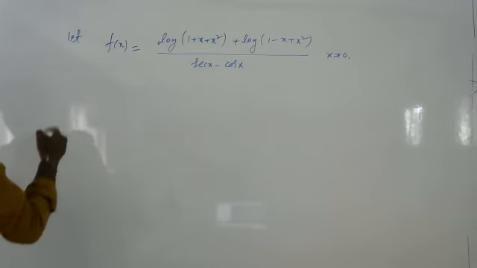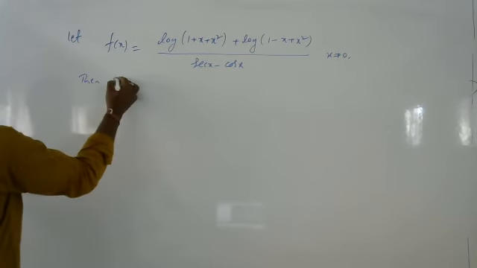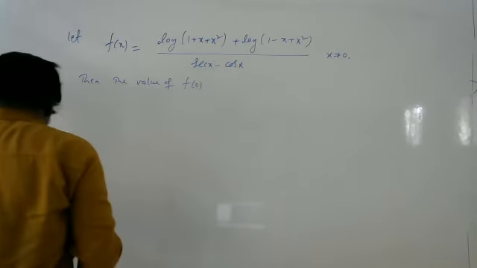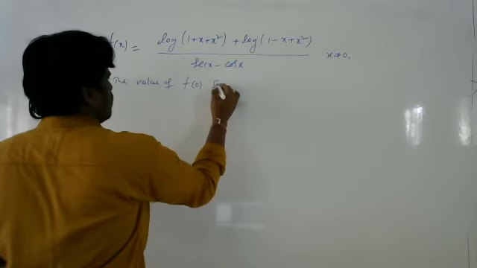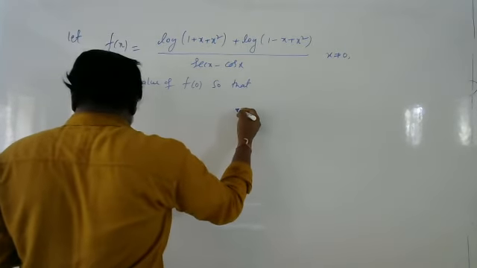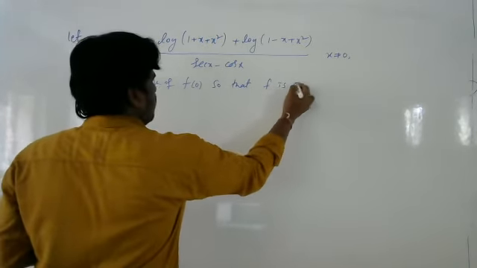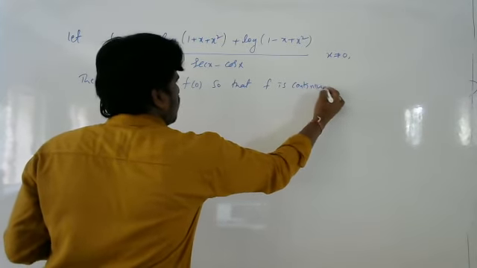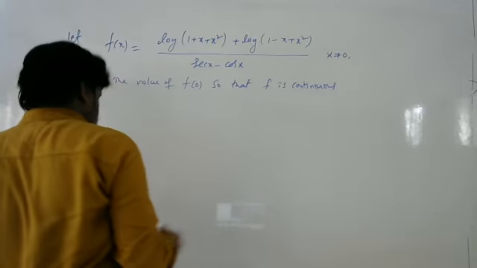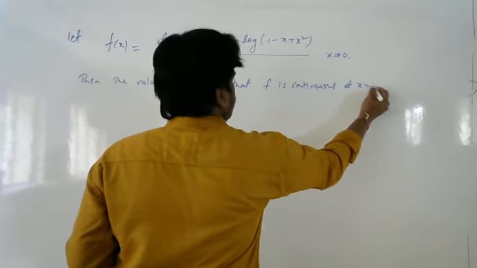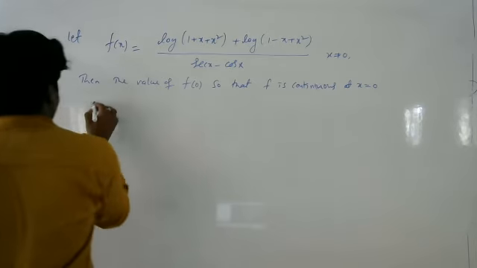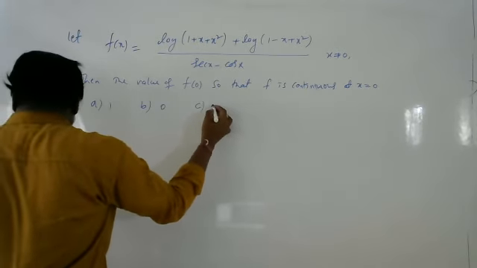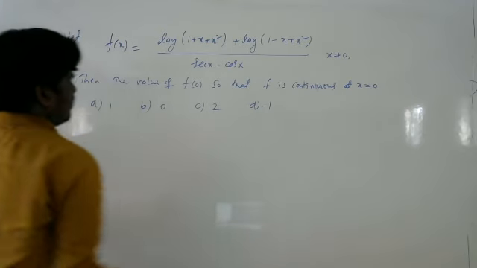Then the value of f of 0, so that f is continuous at x is equal to 0. Options I'll give: option A 1, option B 0, option C 2, option D -1.